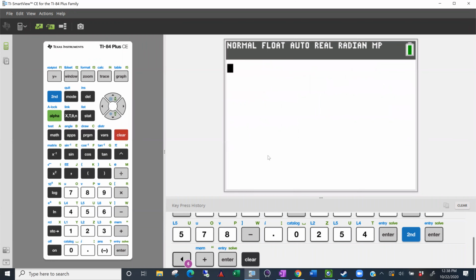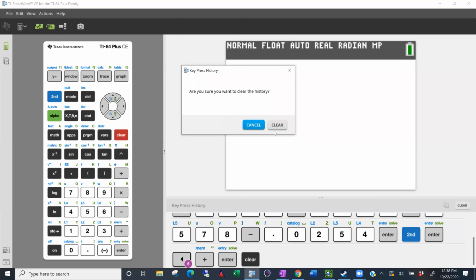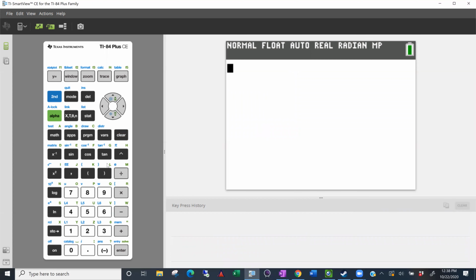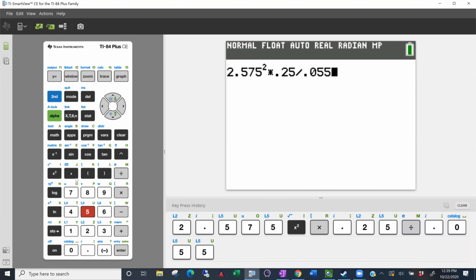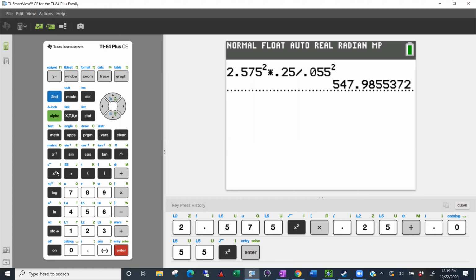I'll clear out all this mess. So 2.575, and then hit the square key. What I like about the emulator here is that the last key that I hit remains highlighted. Times 0.25, divided by 0.055, and again, hit the square key. So I get 547.98.